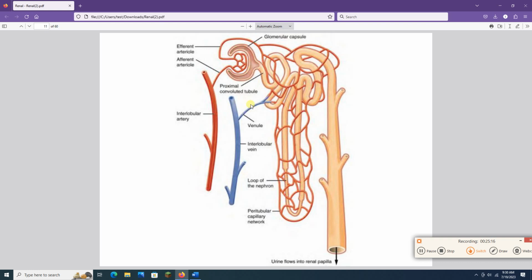And meanwhile, recall that blood from the glomerulus goes into an efferent arteriole, and then up here we've got some peritubular capillaries around the proximal and distal convoluted tubules. And down here we've got our vasa recta, and then emptying into our interlobular vein. And within these tubes and these blood vessels, we do filtration, we do reabsorption, we do secretion, and we are making urine.